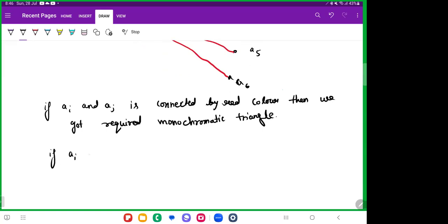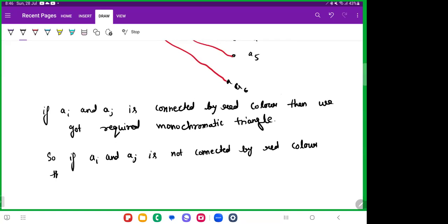So if AI and AJ are not connected by red color, they will be connected by blue or green.